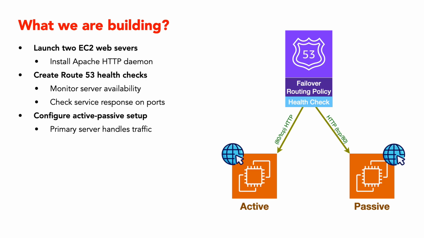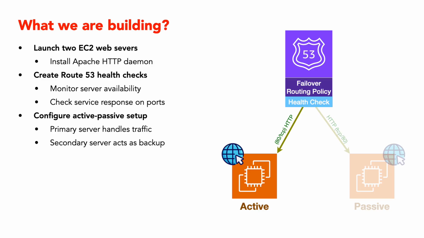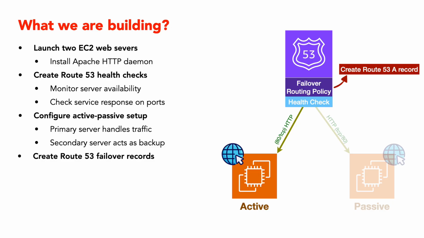So one EC2 instance will act as the primary server, and the second one will stay on standby as the backup. When configuring Route 53 failover routing, we need to create a health check for each server to know its availability on certain port. Then we'll create the Route 53 A records for both EC2 instances using a failover routing policy.